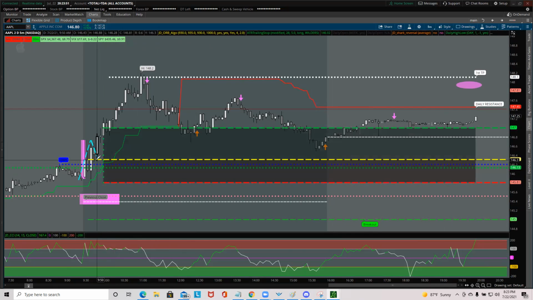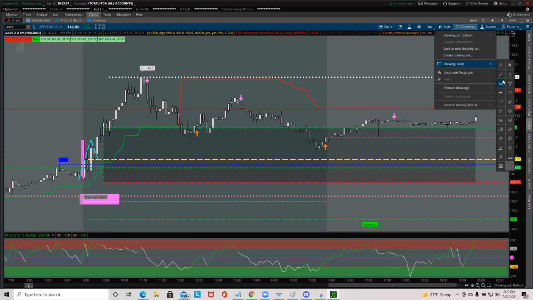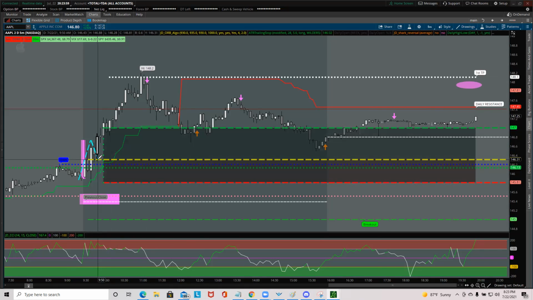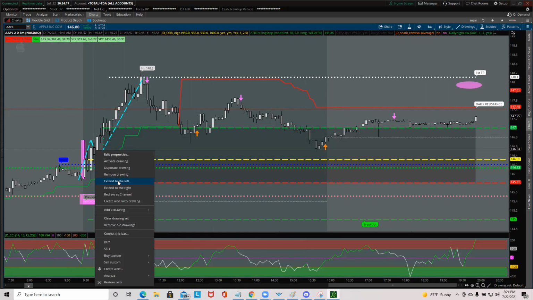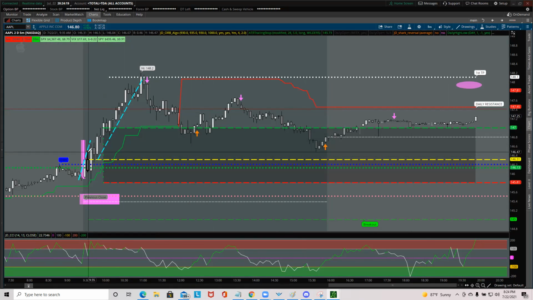And then you can have your entry right over here. This line actually was a very nice entry. So you could have taken advantage of that move right there, which was a move of anywhere up to $1.70.